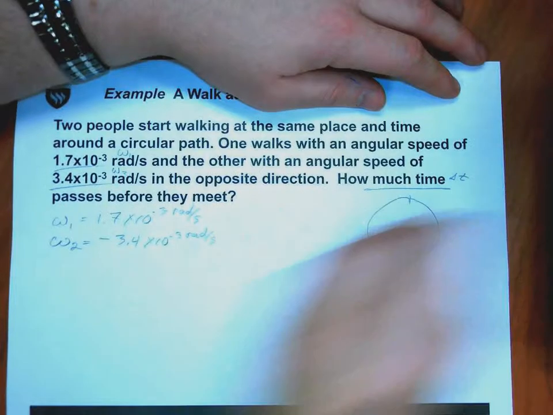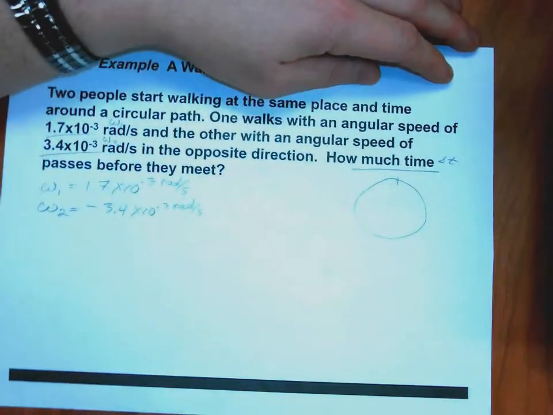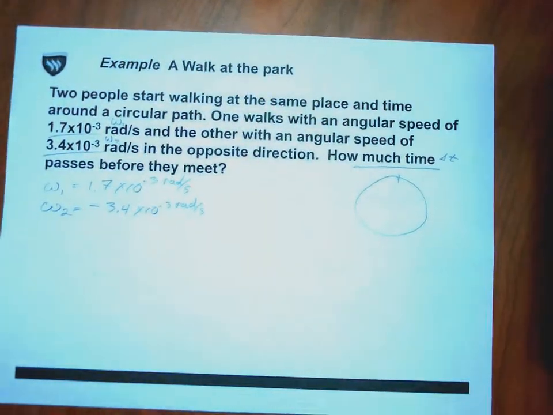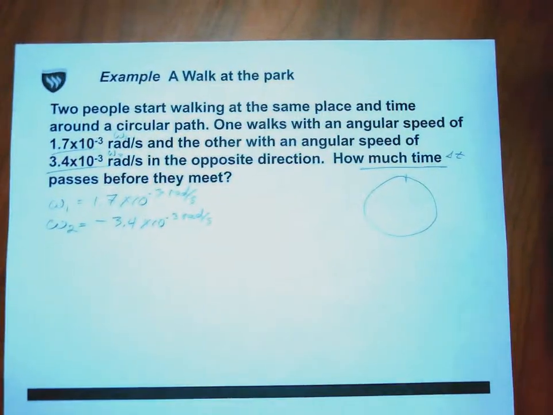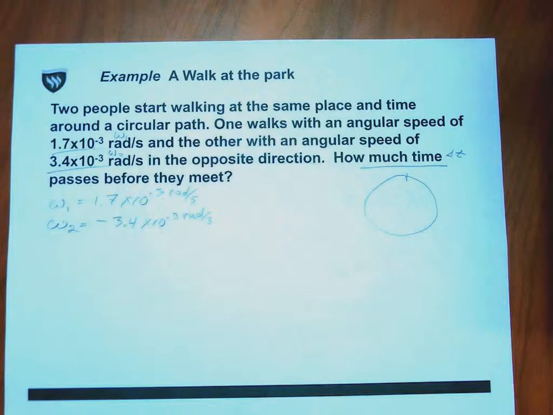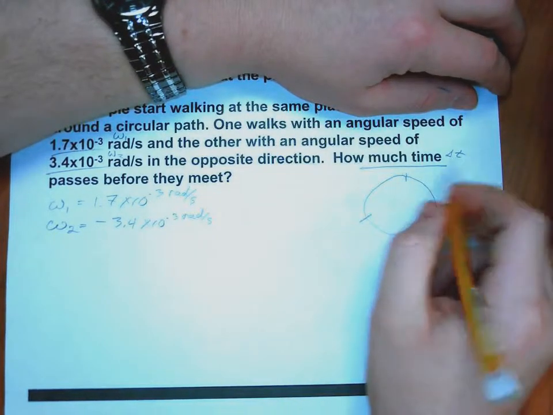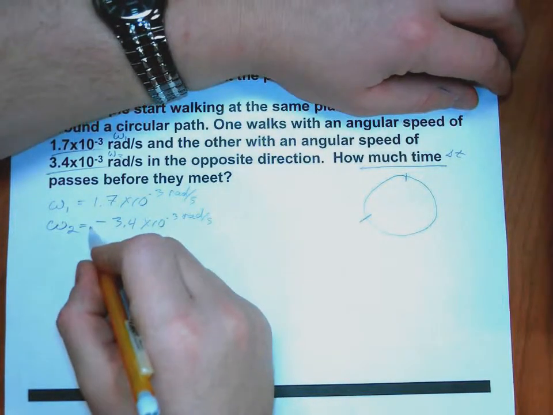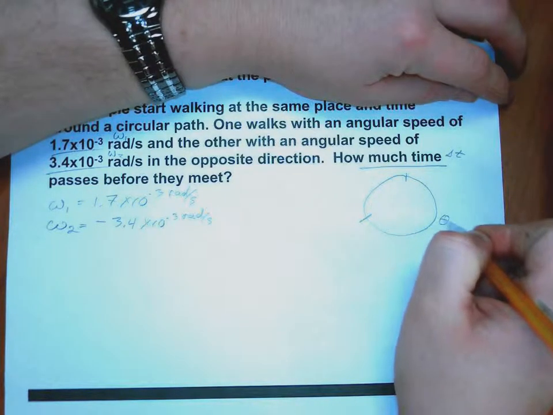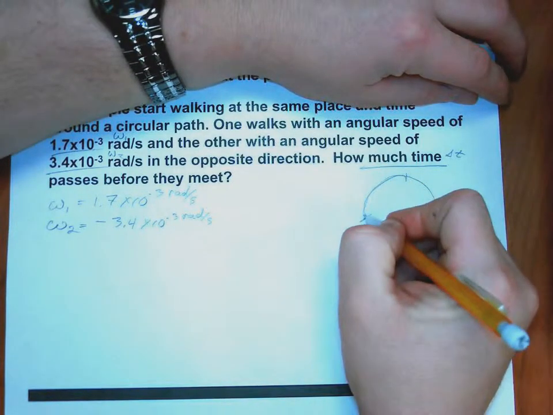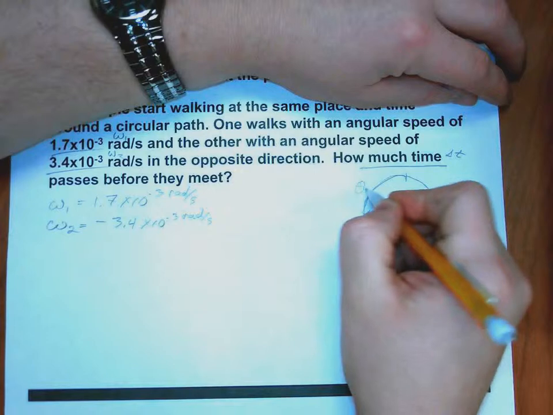That is delta t. Okay, so we're going to have to think a little bit. What is the constraint on this problem? Well, this person walks some distance, and he's walking in the negative direction, so we'll call this theta 2, and the other person walks in that direction, and we'll call that theta 1.